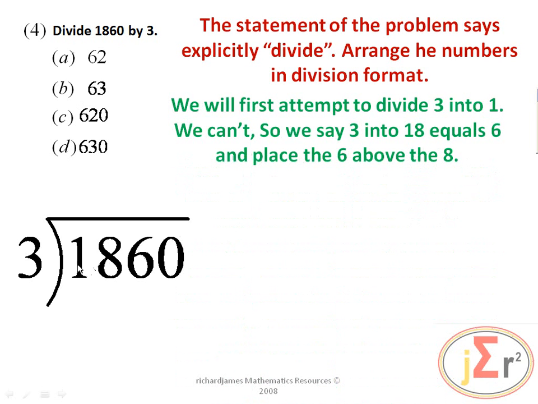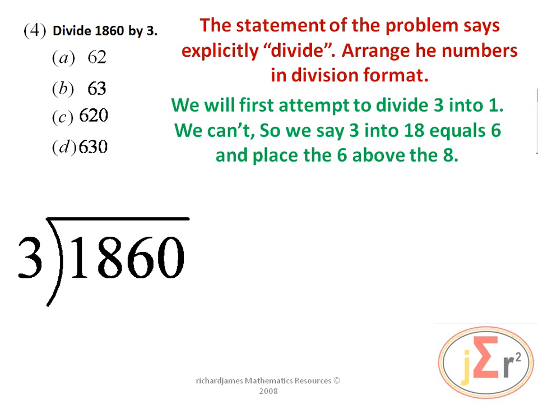We will first attempt to divide 3 into 1. And we can't. So we say 3 into 18. And 3 into 18 is? 6 times. Right. And when we are dividing by 3, we will pay attention to our 3 times table.